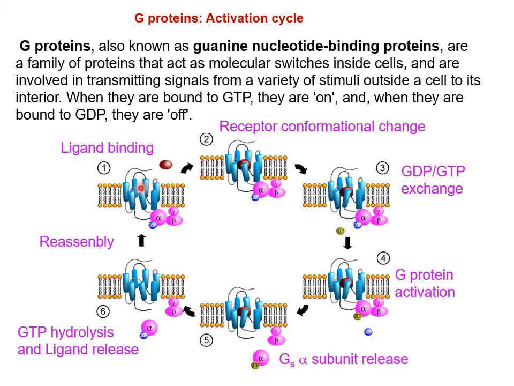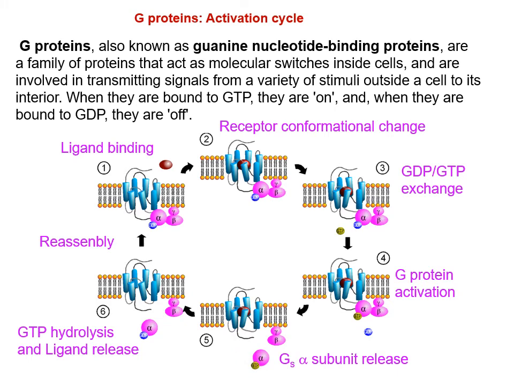Upon ligand binding, there is a conformational change that facilitates the exchange of GDP for GTP. In this process, the alpha subunit of the heteromeric G protein complex dissociates from the complex and moves away from the receptor to activate the effector protein.